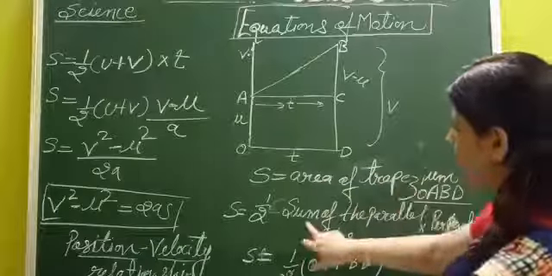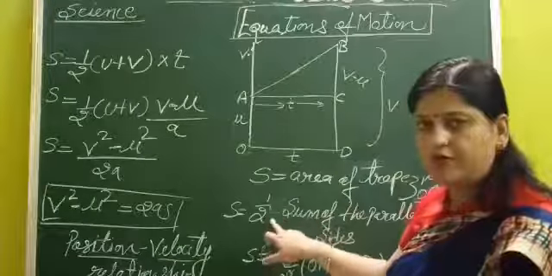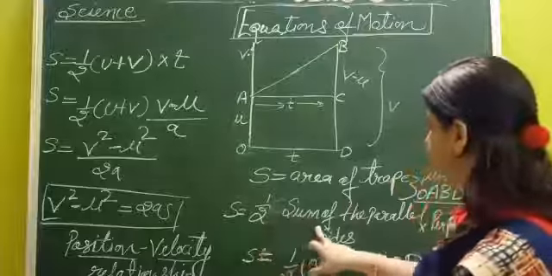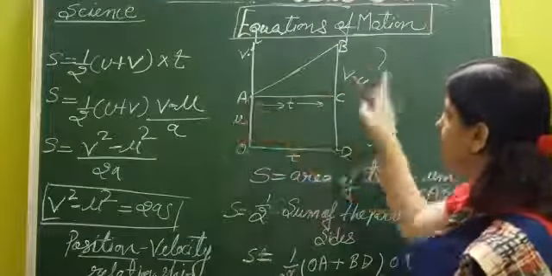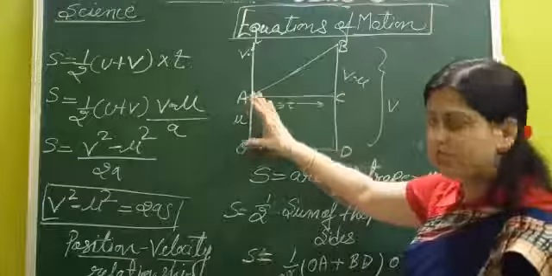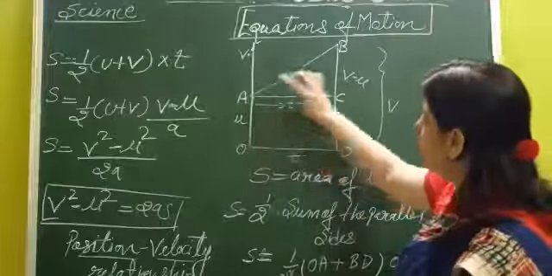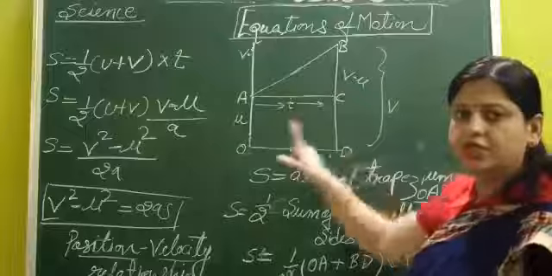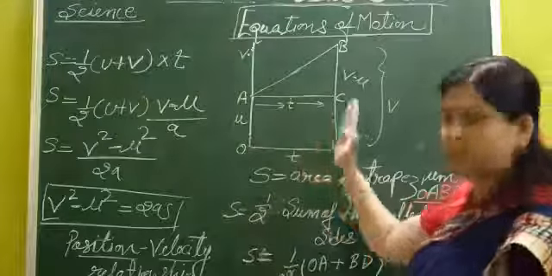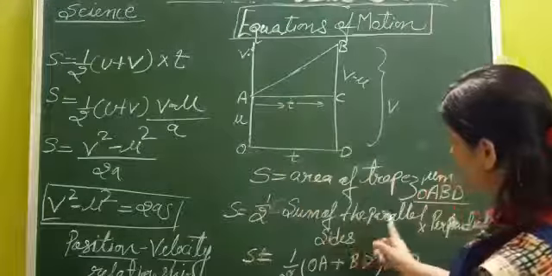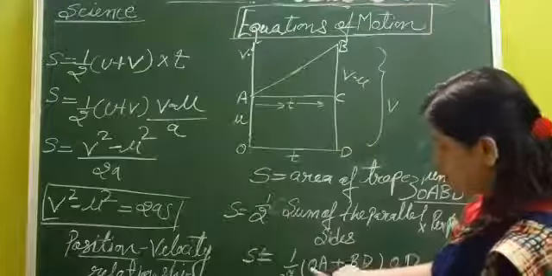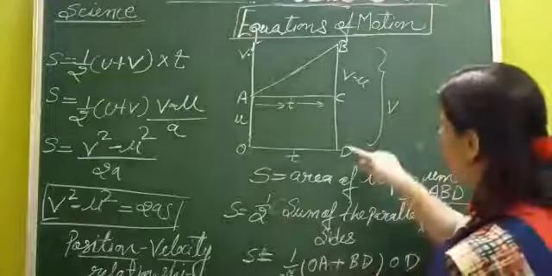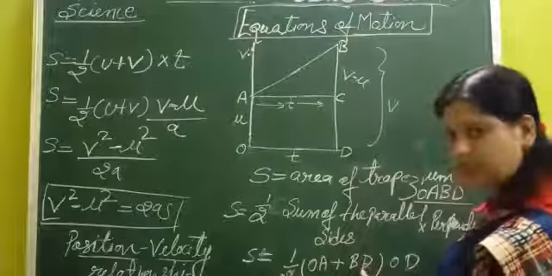of the trapezium. Area of trapezium is half, sum of the parallel sides, which is OA plus BD.